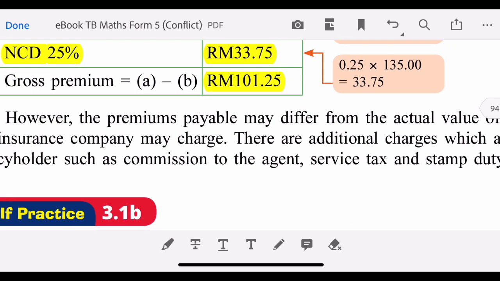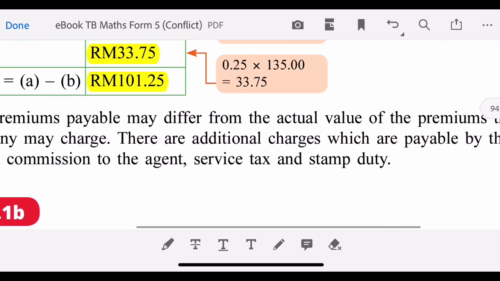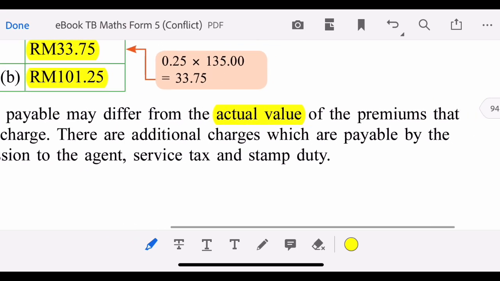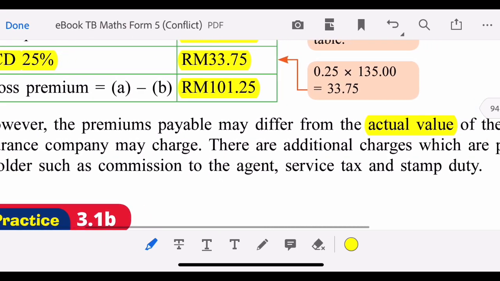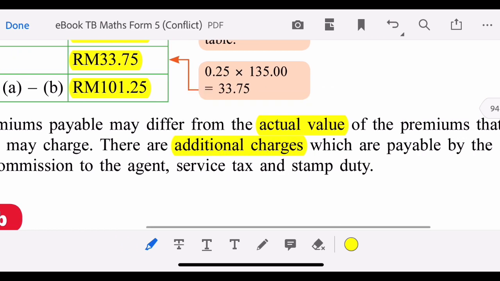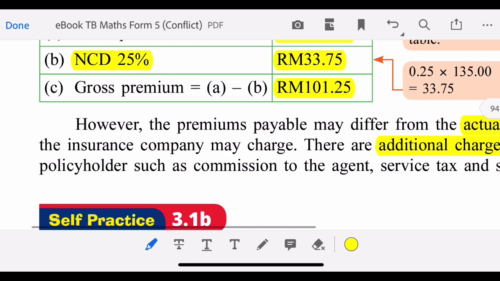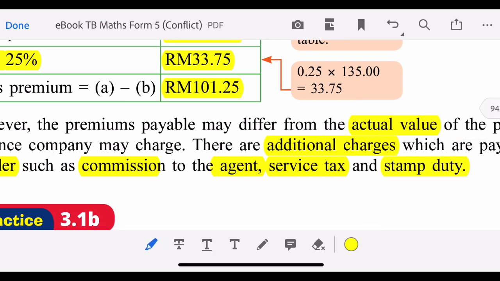However, the premiums payable may differ from the actual value of the premiums that the insurance company may charge, because there are additional charges payable by the policyholder, such as commission to the agent, service tax, and also stamp duty.